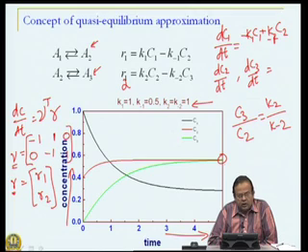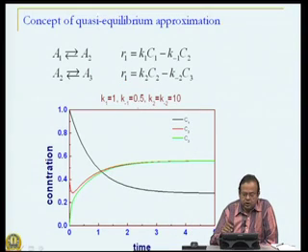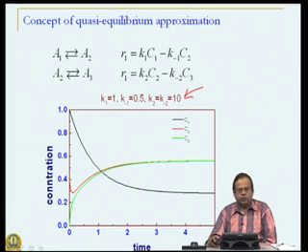Now, let us look at the same reaction scheme, but with a different set of kinetic parameters, and we now simulate this process for K1 1, K minus 1 0.5, K2 and K minus 2 both being equal to 10. So, we have a new set of kinetic parameters.